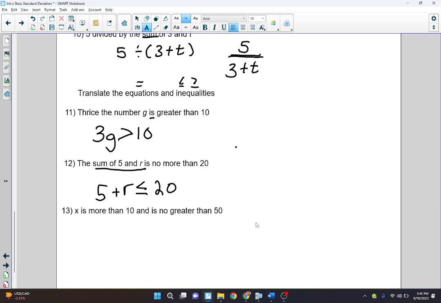What do you think it is? 10 is less than x, and then 50 is greater than x. It's like you have x in the middle.